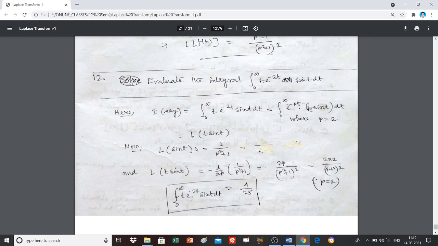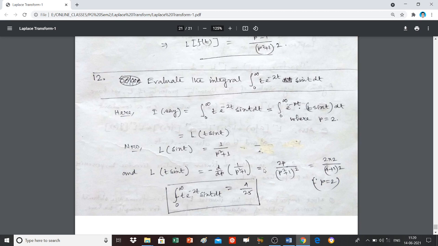F(p) means the Laplace transform of the function. So for t sin t, the power n is equal to 1. So minus 1 to the power 1, that means minus, then d by dp of the Laplace transform of this function, that means 1 by p square plus 1. So that means d by dp of 1 by p square plus 1.